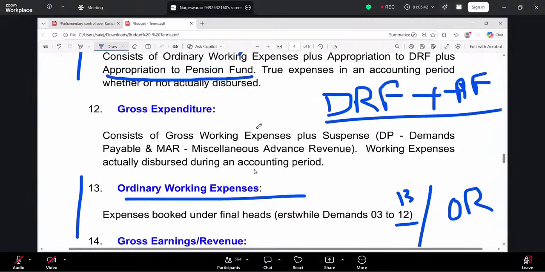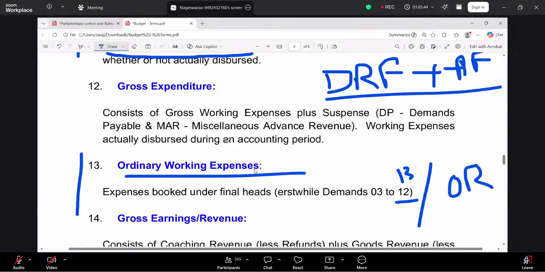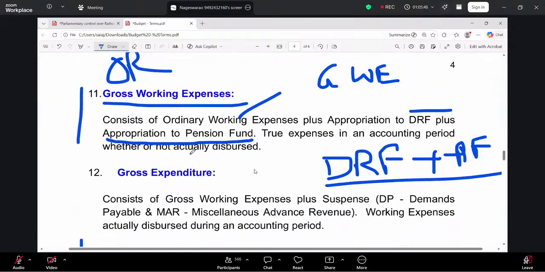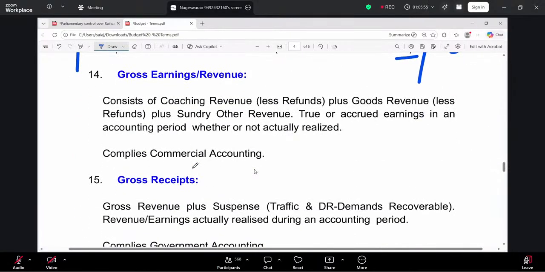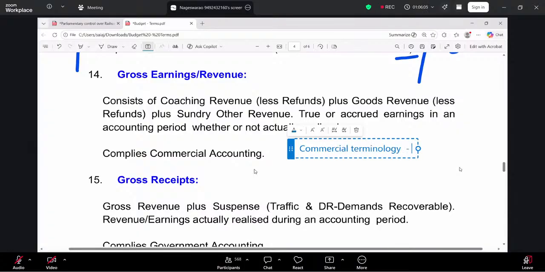Yeah. So what is the difference between expenditure and expenses? Here expenses is commercial, expenditure is government. I'll put commercial terminology: expenses and receipts.